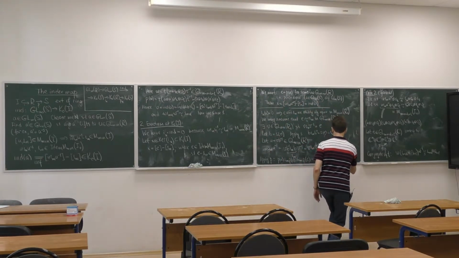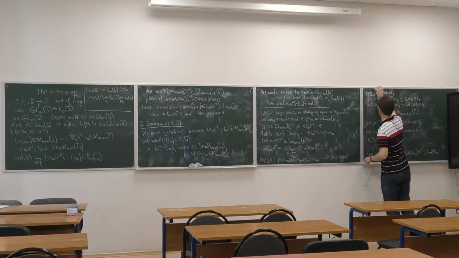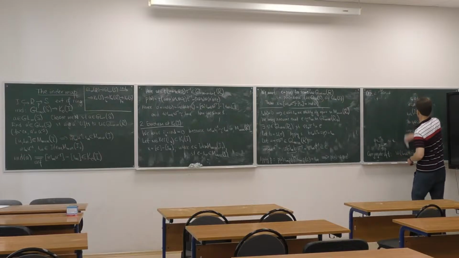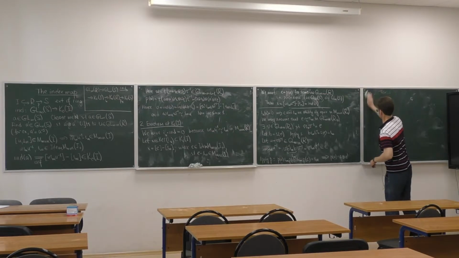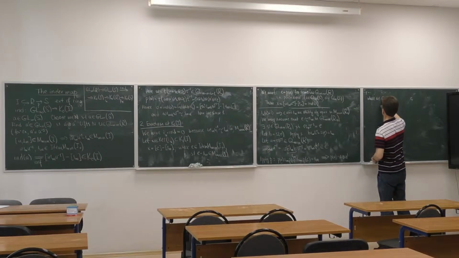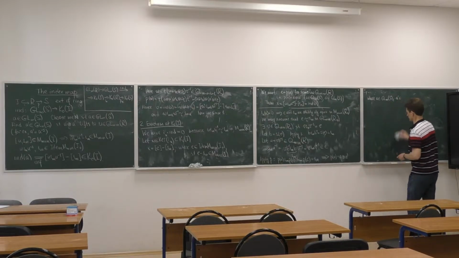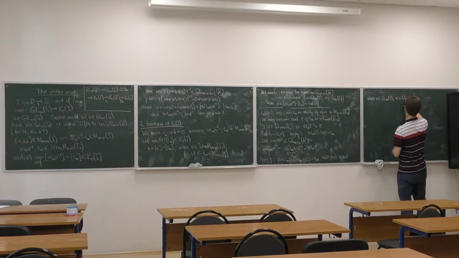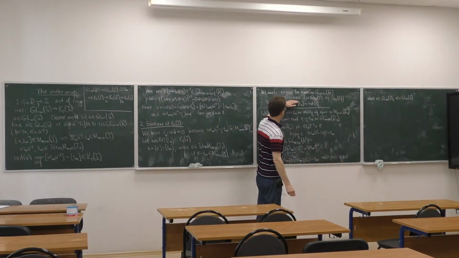P of U is of the form A plus A prime, where A and A prime are of sizes m and n respectively, where A is in GL m of S, and A prime is in GL n of S. Okay, so now we achieved this.